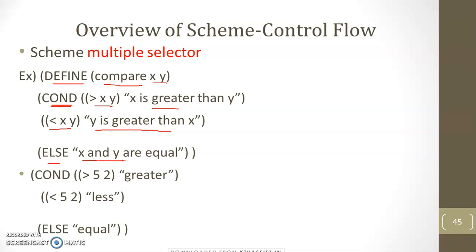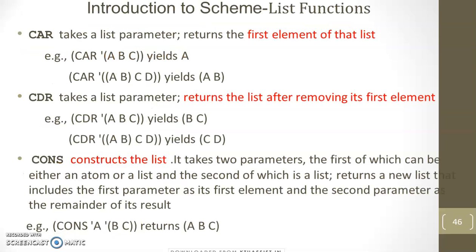Else, it says both are equal. So if the values given are 5 and 2, 5 greater than 2 means it will display greater. 5 less than 2 is false. Since here the first condition returns true and displays the result greater, it won't move to the next statements. So this is the case with the multiple selector using COND, and the two-way selector using if.